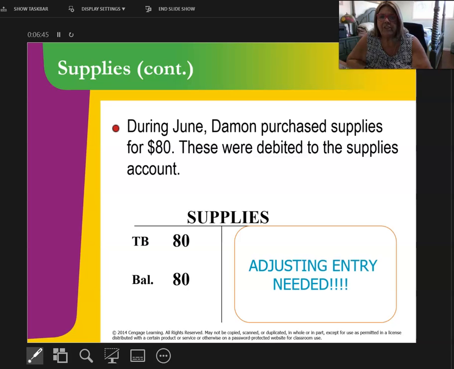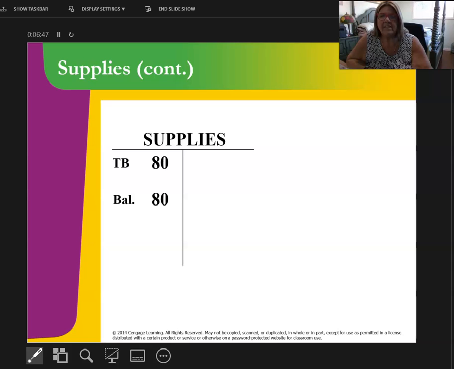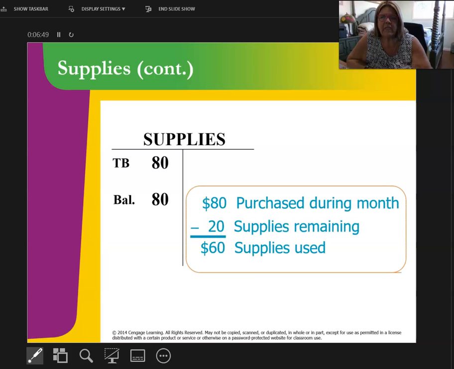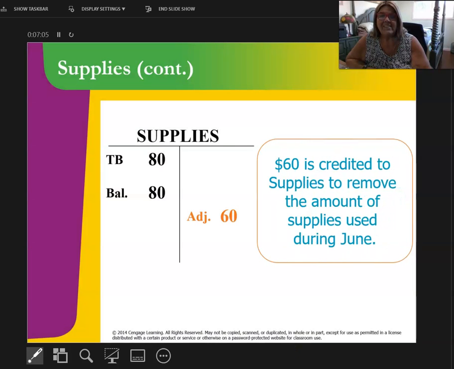And here's what we're going to do. Here's my supplies account. I actually used $60 worth of supplies. You always take what you started with minus what you have left, and that tells you how much you used. The amount used is what I'm going to adjust. So in this case, $60 has to be credited.